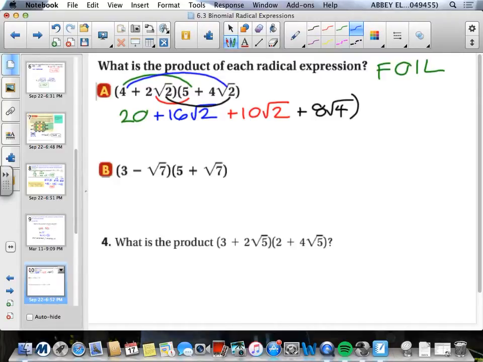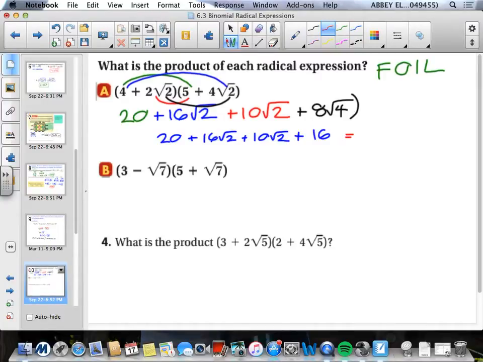I have 20 plus 16 square roots of 2 plus 10 square roots of 2. And then my last term here, I can take the square root of 4, which is 2. So I have 8 times 2, which is 16. Now, I'm almost finished. All I have to do is combine like terms here.